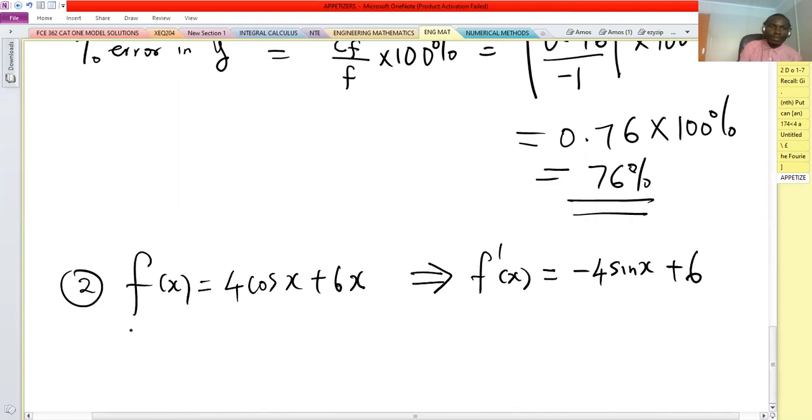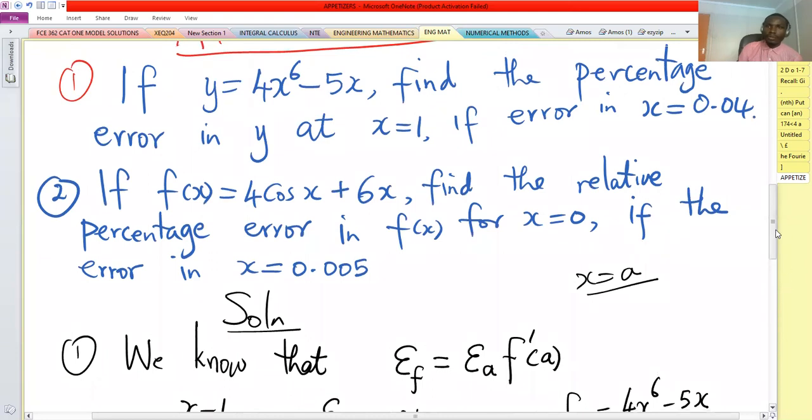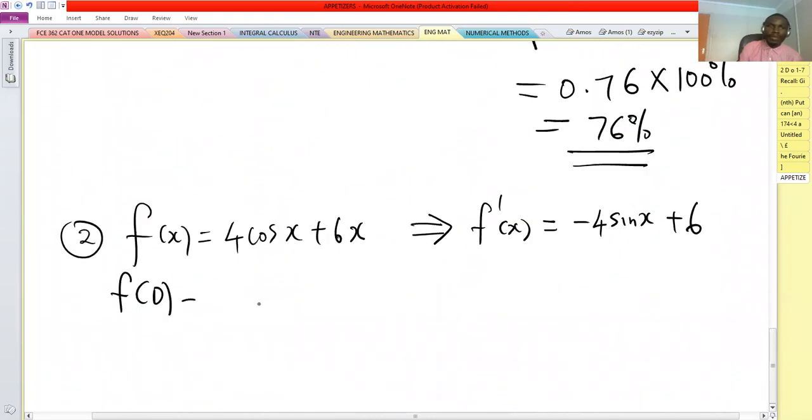And then the value of the function at x equals 0 will be 4 times cosine of 0 plus 6 times 0. Cos of 0 is 1, so 4 times 1 is just 4.